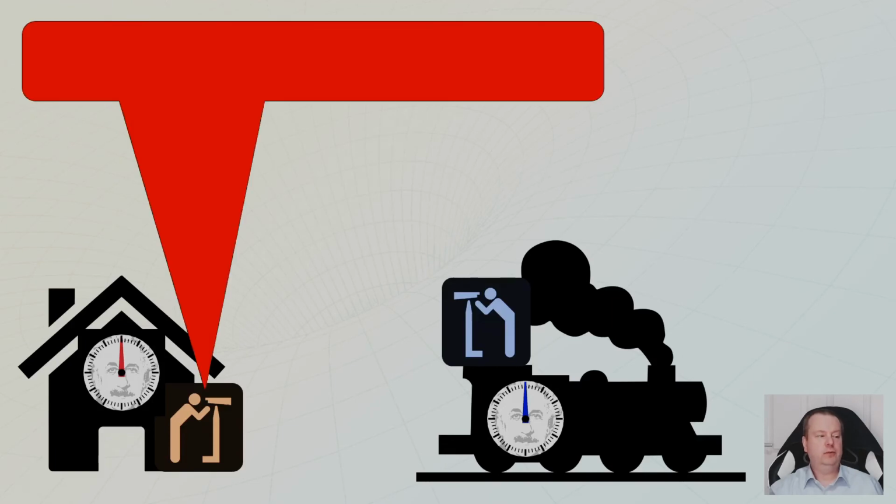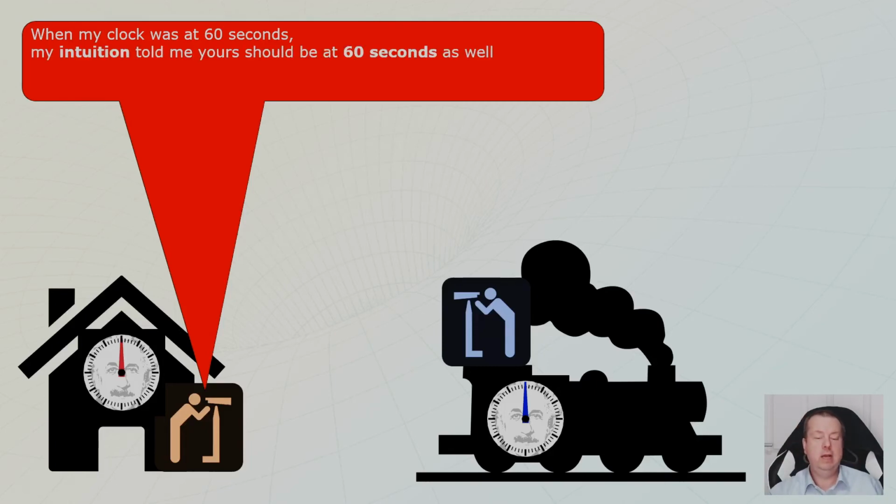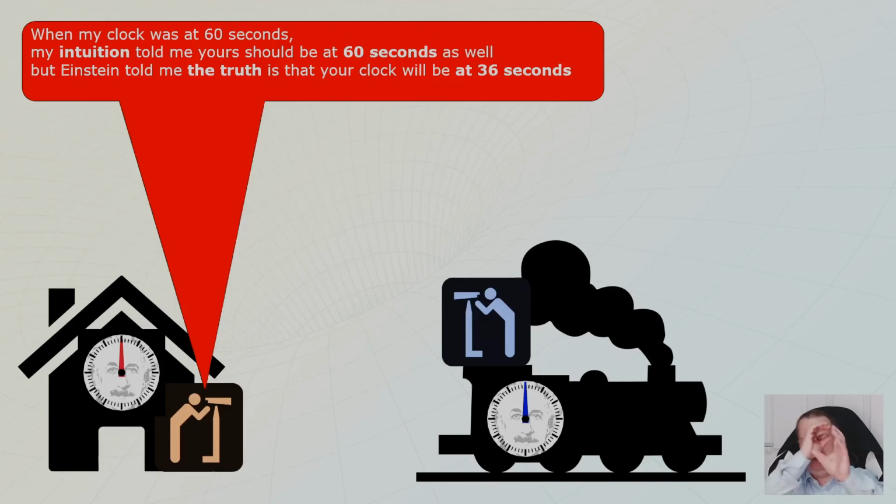So you get this conversation. These two observers, these researchers, they meet and they don't know anything about relativity or special relativity. And this person says, when my clock was at 60 seconds, my intuition would tell me your clock is at 60 seconds as well. But then Einstein came along and he told me, it will be 36. So I decided to pick up my telescope and see if it was 36, but it was 20.